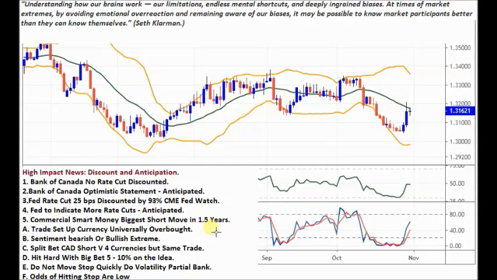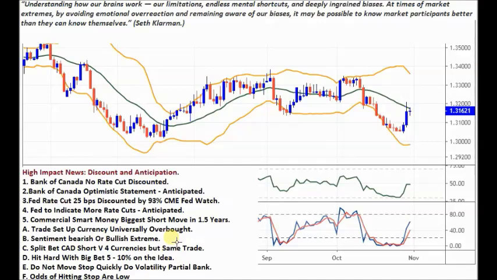Now, in terms of the trade setup, you ideally want commercial smart money on your side. And in terms of the currency you're looking at, you want it to be universally overbought or oversold against all other majors. That's exactly what the Canadian dollar was coming into yesterday's central bank meetings: the most overbought major currency.